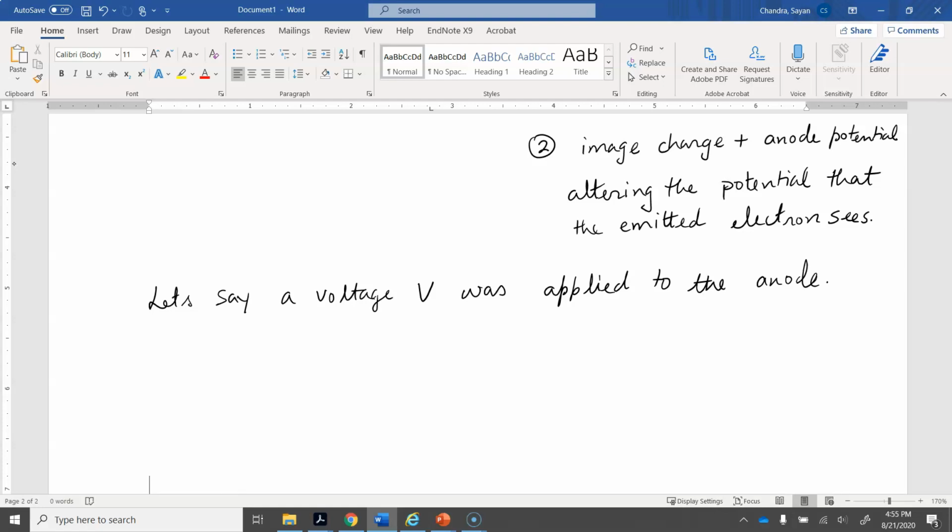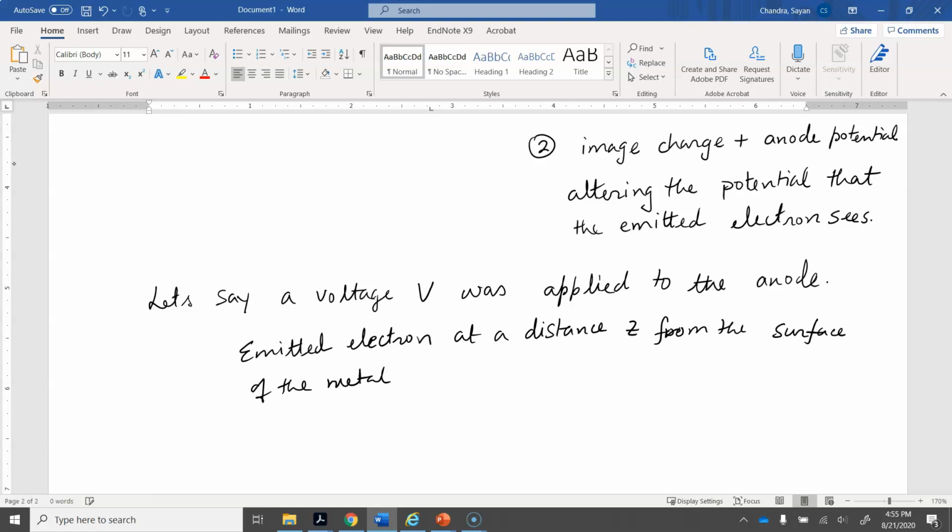As a consequence, the emitted electron at a distance z from the surface of the metal will have a potential V of the electron as a function of z, which is negative eVz.